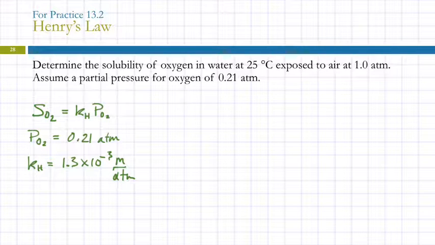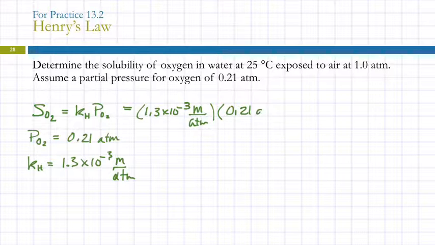It's kind of messy. You just multiply them. So it's the constant, molarity per atmosphere, times the partial pressure in atmospheres, getting 2.7 times 10 to the minus 4 molar.